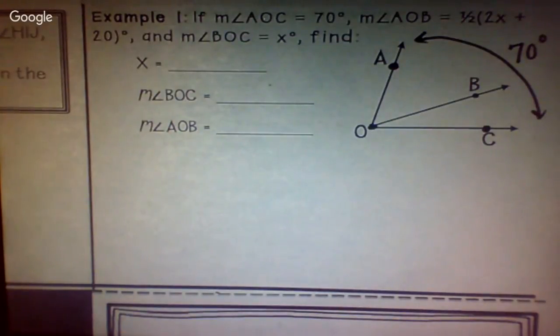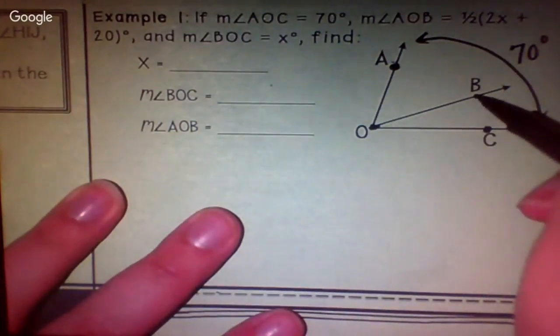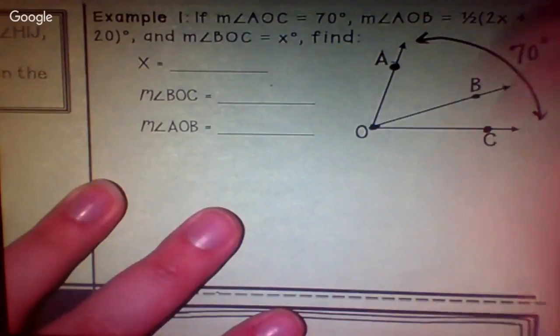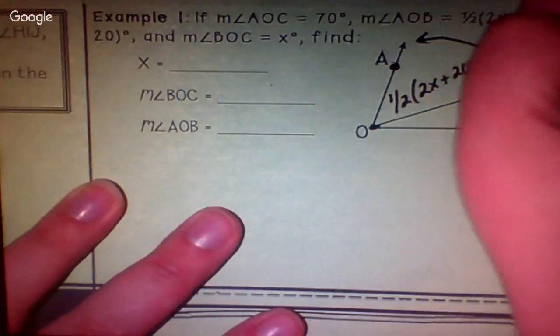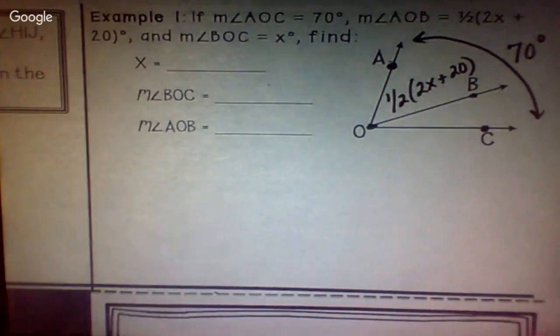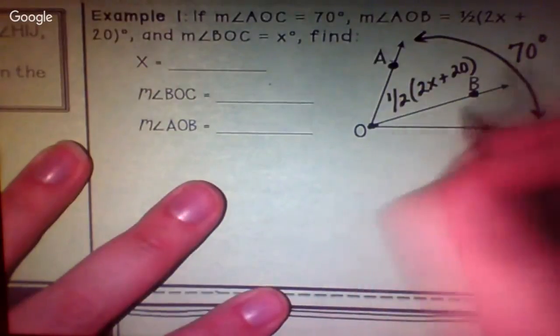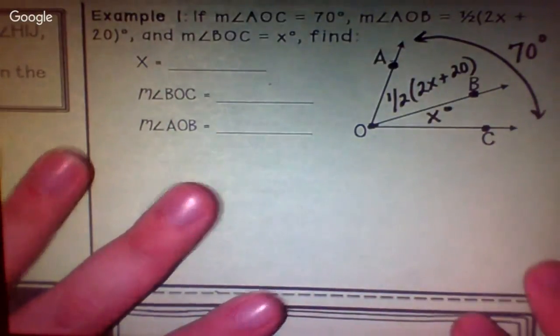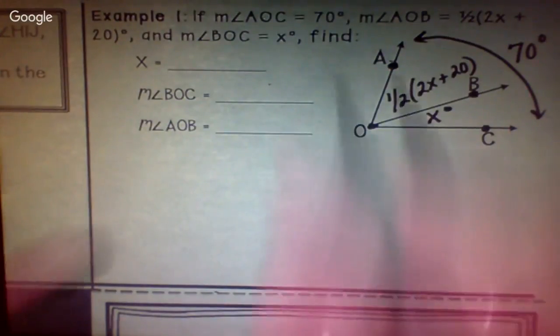Then it tells you the measure of angle AOB, this smaller angle on the inside, is 1/2 of 2x plus 20. And the measure of angle BOC, this other small angle, is equal to x. Just x. That's what it tells you.